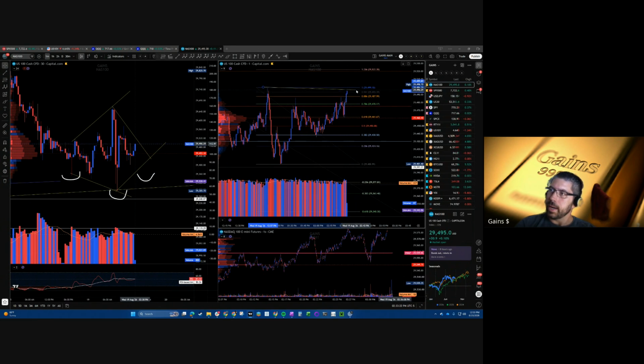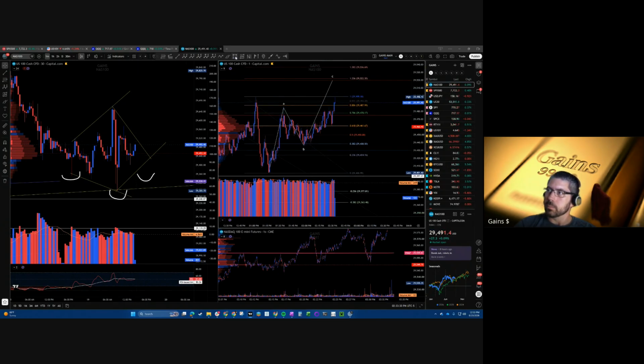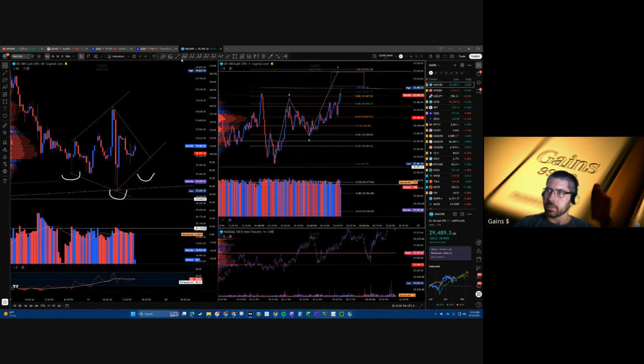I guess a new high invalidates a triangle, and then you go back to the ABC setup, and you might actually be able to squeeze some long trade profit out of this. But that's if they make a new high, and they haven't made a new high yet. So technically this triangle theory is still valid, but it's getting a little longer. You know what I mean.